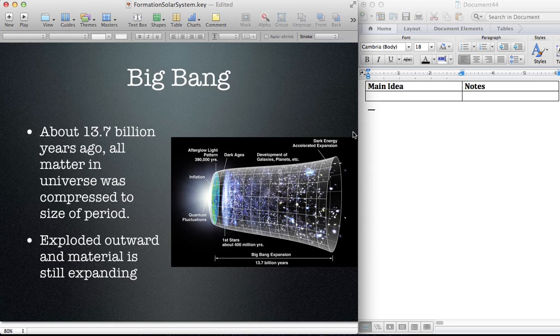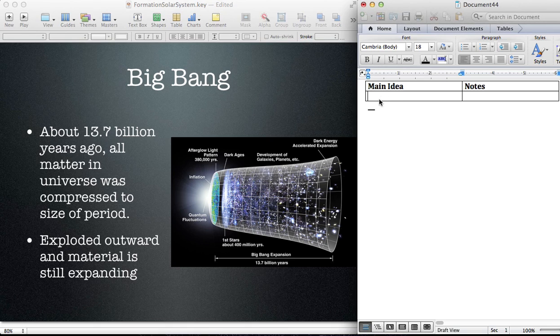So in this, we're looking at the scientific explanation for the formation of the universe, right? So we're always looking for what do we have scientific evidence for? And looking at the universe today, our evidence shows that about 13.7 billion years ago, all of the matter that is in the universe today was compressed to something the size of the period at the end of this sentence on screen, which is really hard to picture.